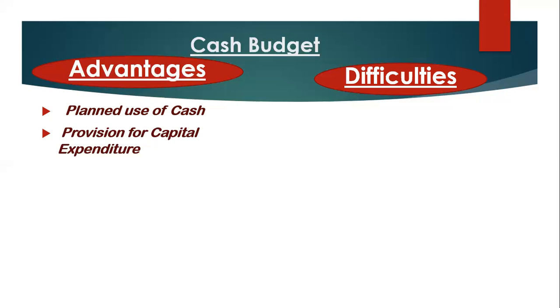In routine work, we are spending money for the revenue expenditure. But capital expenditure needs planning because it needs a big amount of cash. So we have to make provision for that capital expenditure. And if we are making the cash budget, we can easily provide provision for capital expenditure.